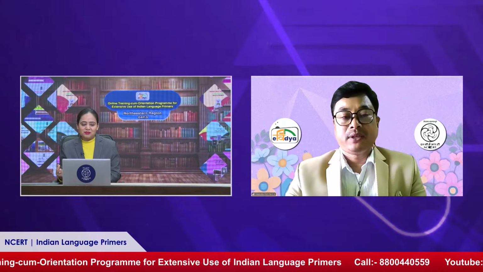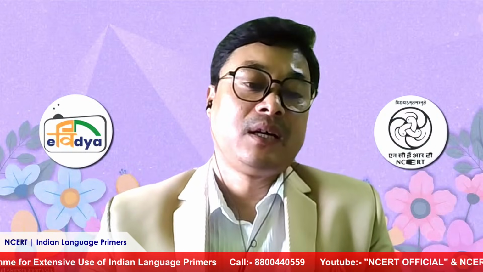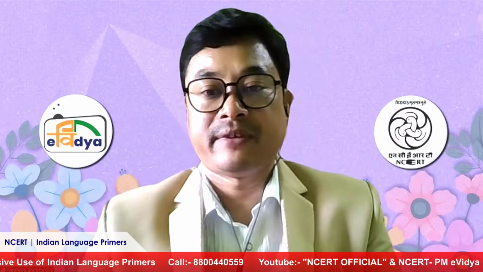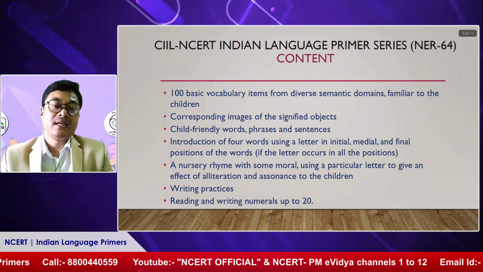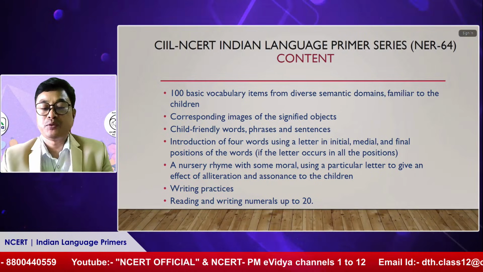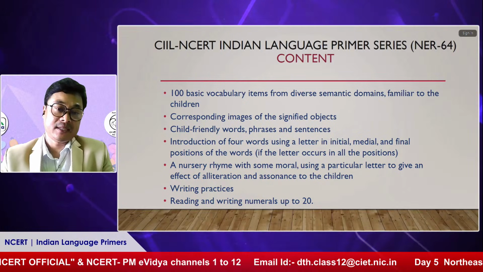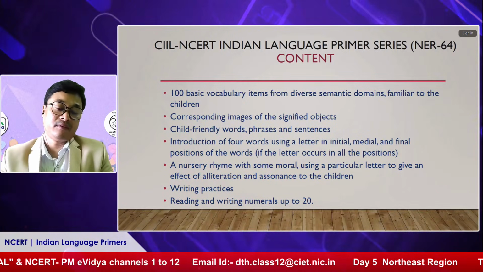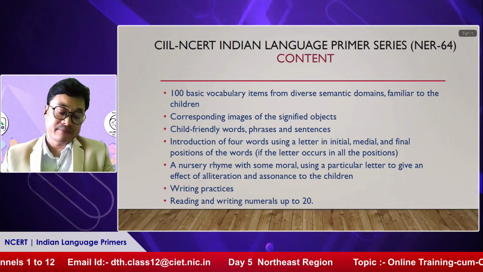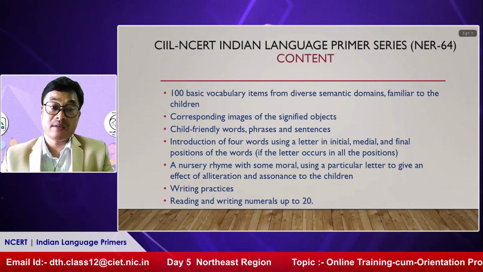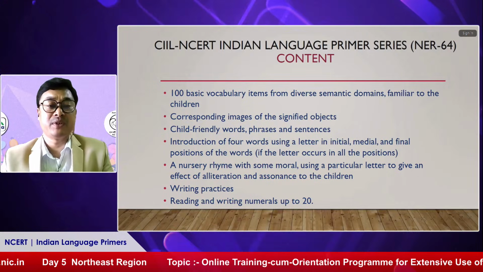Yeah, so if we see the content of the primers, there are different parts. The basic idea was to introduce the letters and numerals to the kids. So to introduce the letters in the alphabet of the language of the kids, we picked up around 100 basic vocabulary items from diverse semantic domains, which are very familiar to the children.